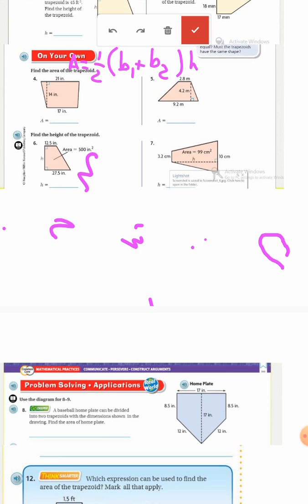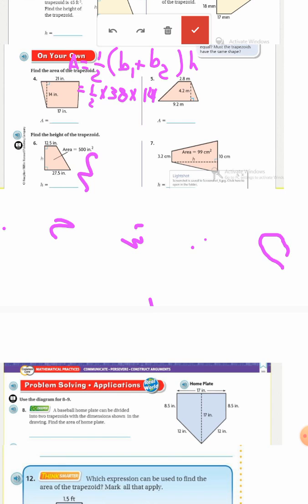As you see, we have here B1 21, B2 17, and the height that is between them is 14. So we have half B1 plus B2. Yes, we can find it mentally. It gives me 38. Multiply height 14.